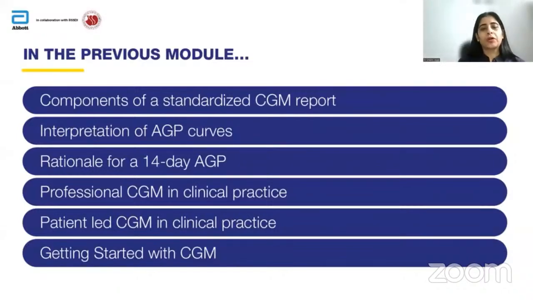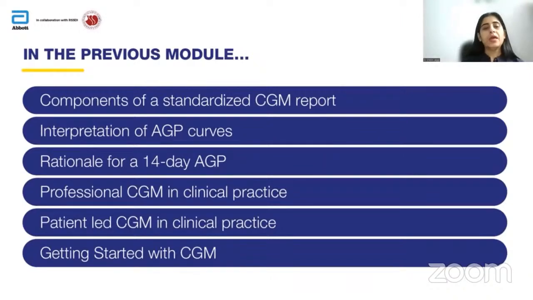Dr. Banshi also talked about the recommendations, the international as well as national recommendations on use of CGM. So the components of a standardized CGM report have been discussed. How to interpret AGP curves has been covered, besides the rationale for a 14-day AGP. And the previous speakers also covered professional as well as patient-led CGM in clinical practice and how to start with CGM.